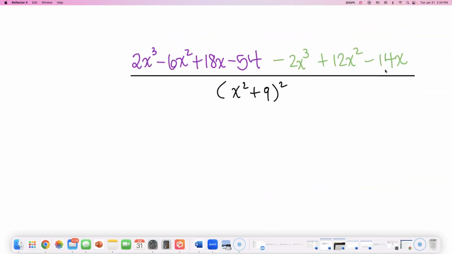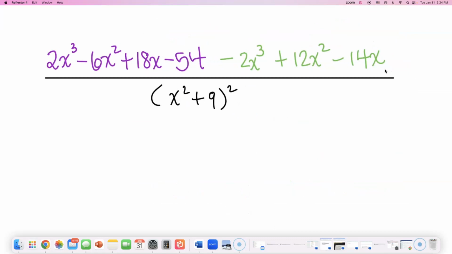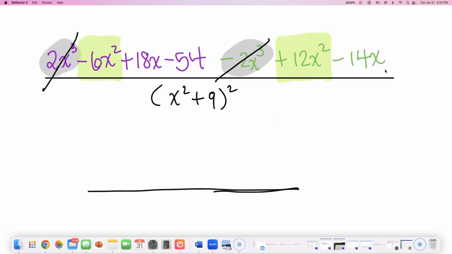All right, I think we're almost done. Okay, let us combine some like terms here. I see there is 2x cubed and negative 2x cubed. Those are canceled out then. All right, anything else gets canceled out? Let's see. Not really. I mean, this one is a negative 6x squared, and this one is a positive 12x squared. So if I do 12 minus 6, hold on, let me try to draw a fraction part.